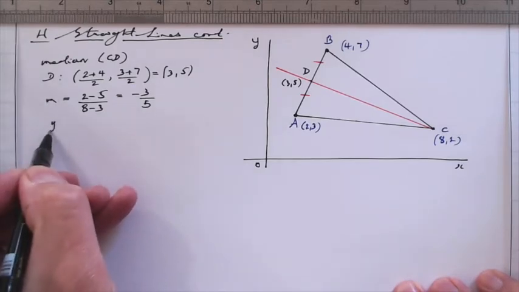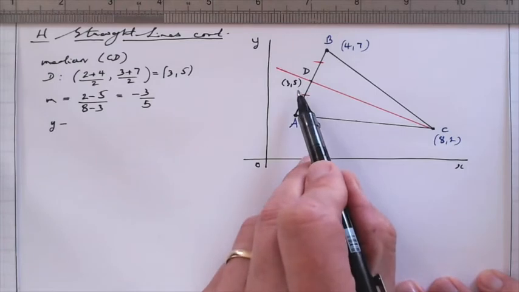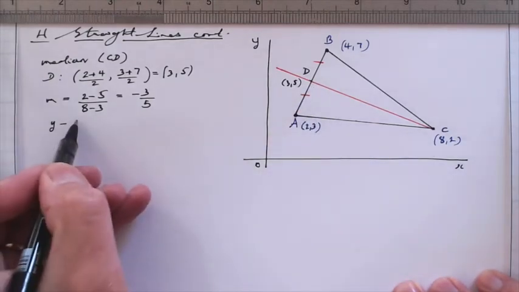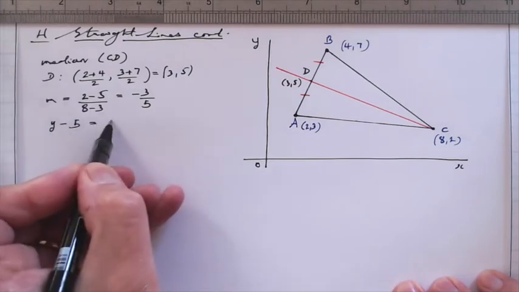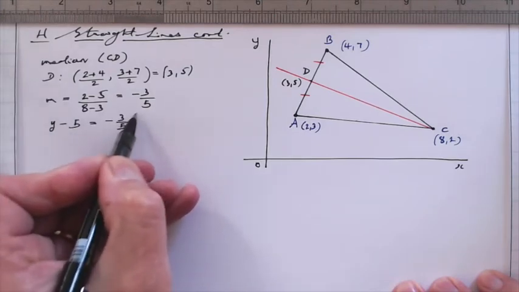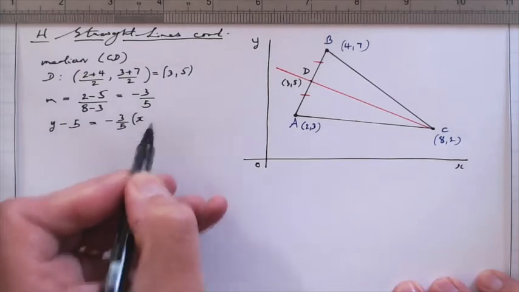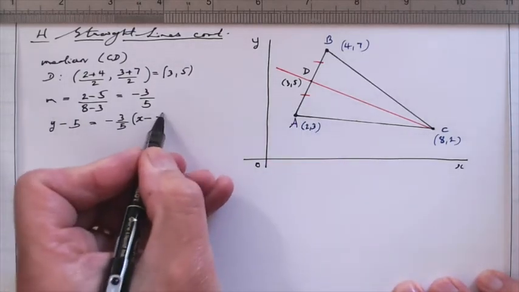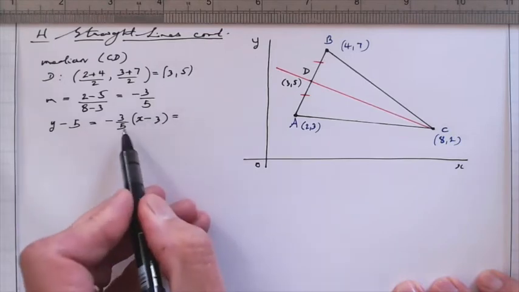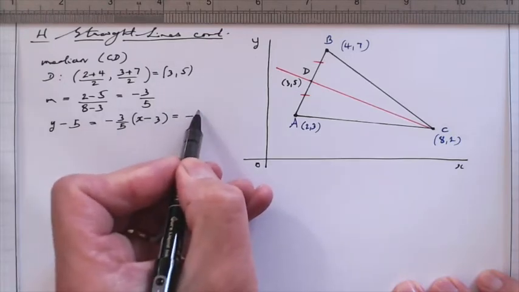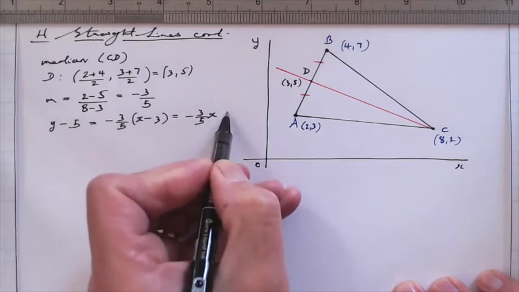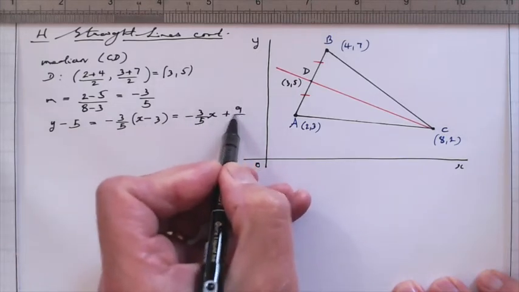We have the slope, and now we can just use the following technique. We say that the variable y, take away, let's choose this point, take away the y value of that coordinate, is equal to the slope of the line multiplied by the variable x, take away the x value of that coordinate, which is 3. And if I just multiply this bracket out, I get minus 3/5 x plus 9/5.